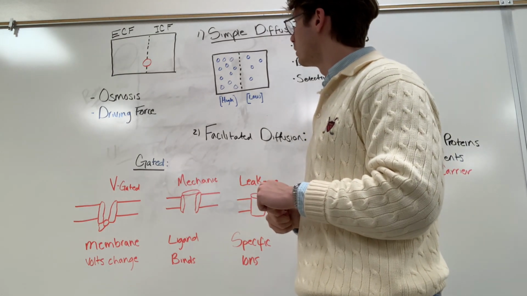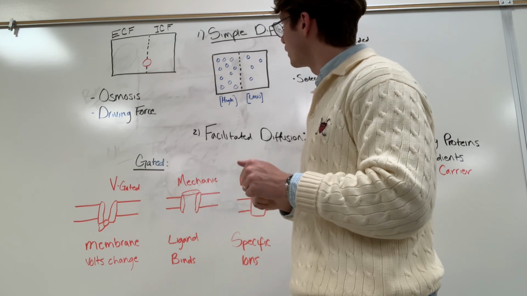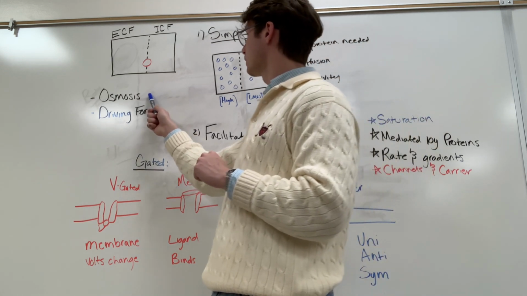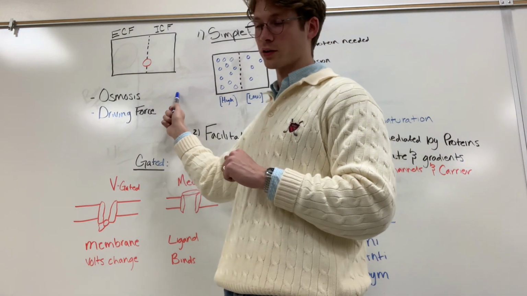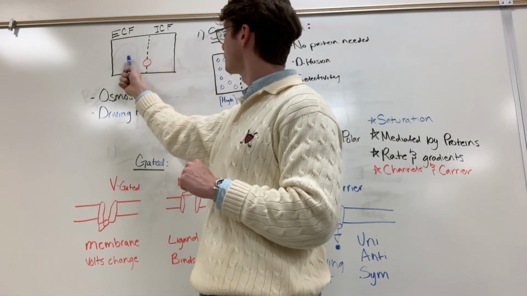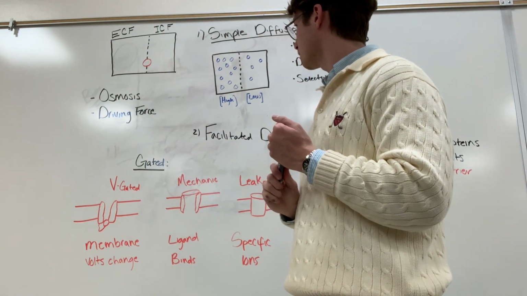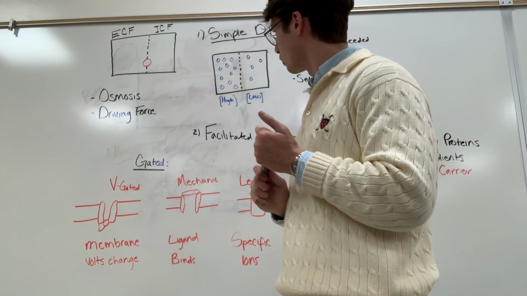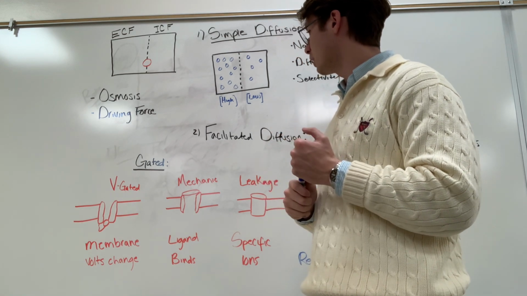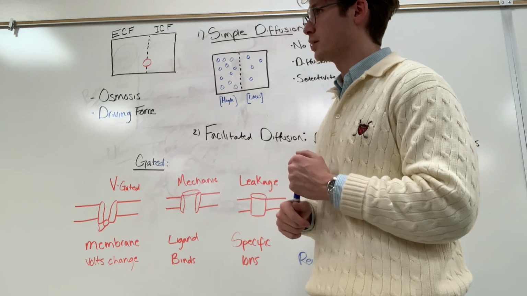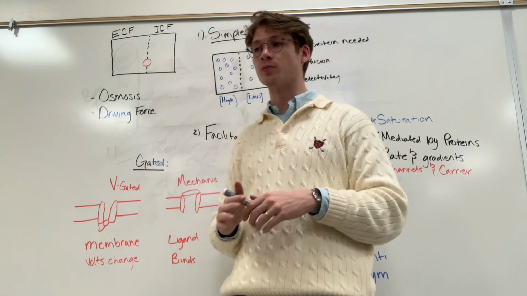And so we need to understand that when we're talking about osmosis, we're only referring to water flowing from inside or outside the cell. That's important because there's going to be osmosis, and then we're also going to have concentration gradients. But yeah, it's crucial to remember osmosis is referring to the movement of water.